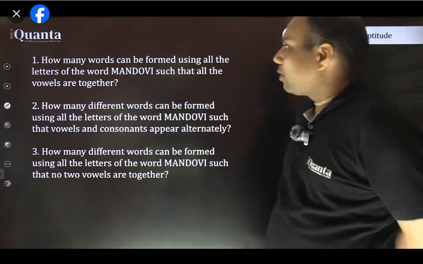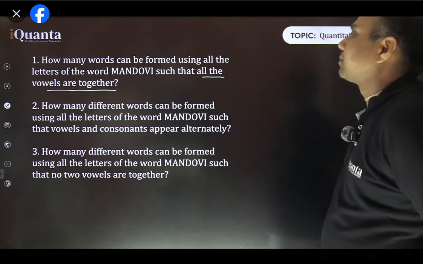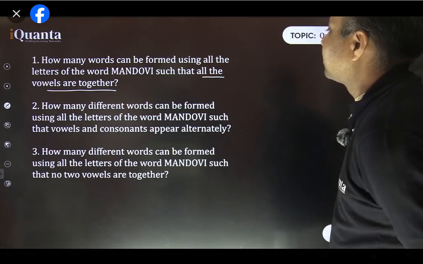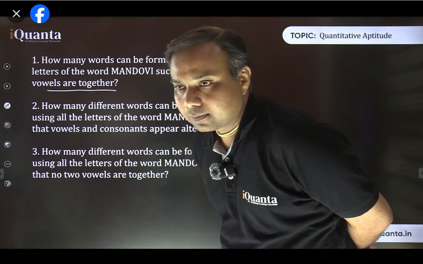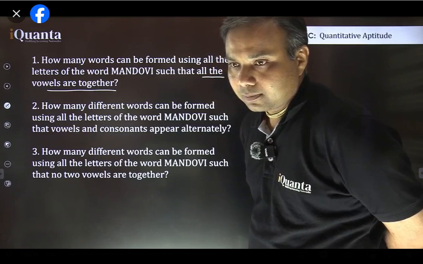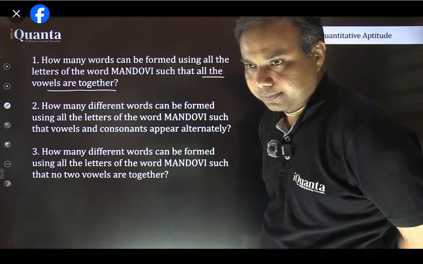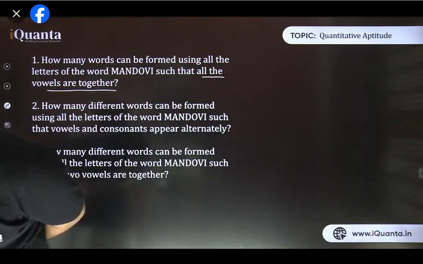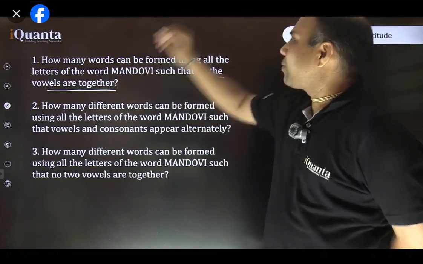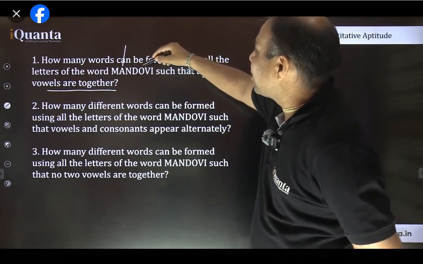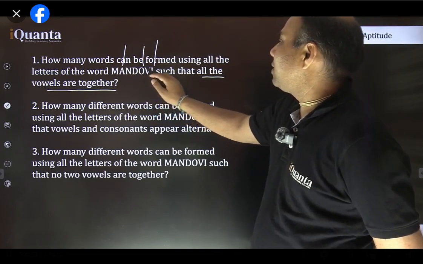For the first question, please. What to do? We want all the vowels to be together. Exactly, good. We can treat all the vowels as one unit. In this first case, we want all the vowels together. Here A, O, and I are vowels, so 3 vowels are there, and 4 consonants.